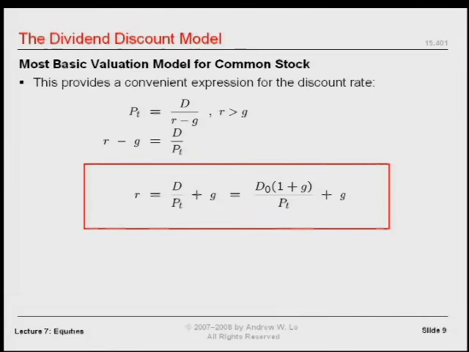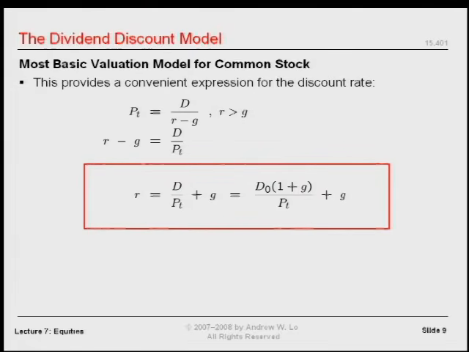And it'll give us another insight into how to think about the discount rate and the value of corporations. If the price of a stock today is given by D over R minus G, then I can flip things around and say that R minus G is equal to D over P, right?